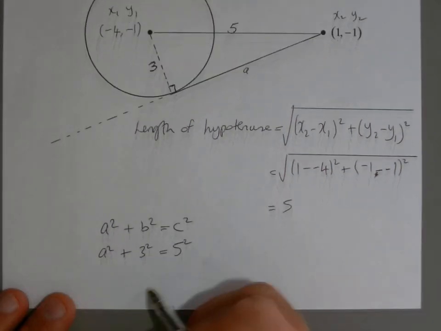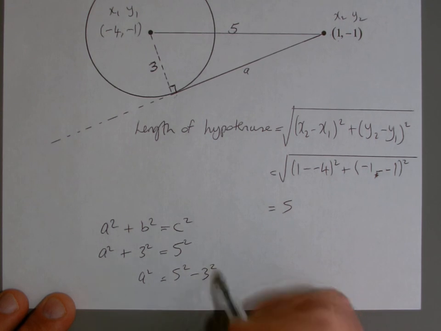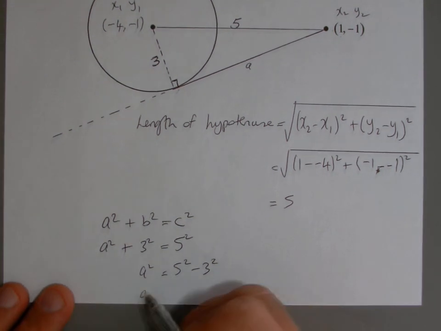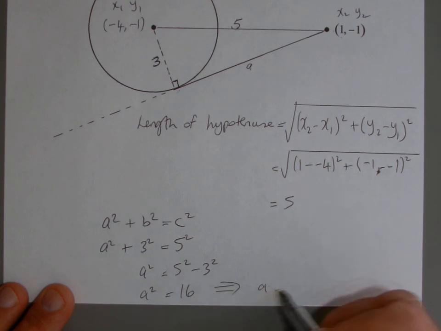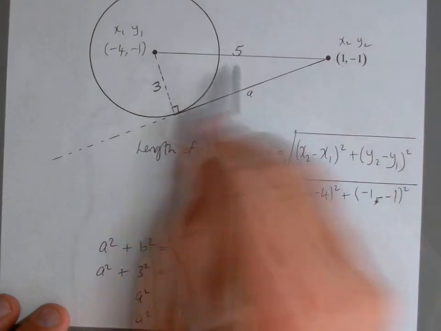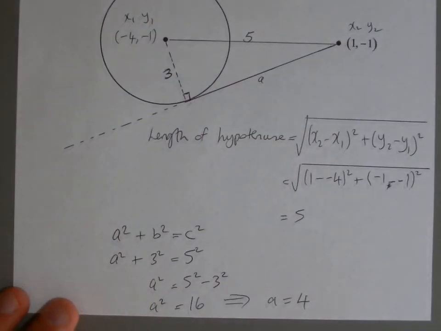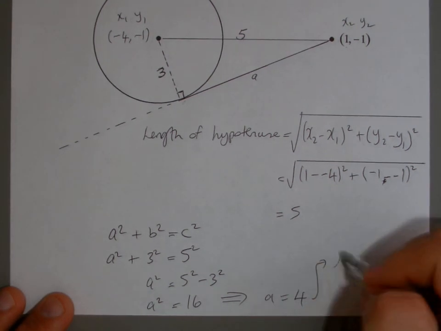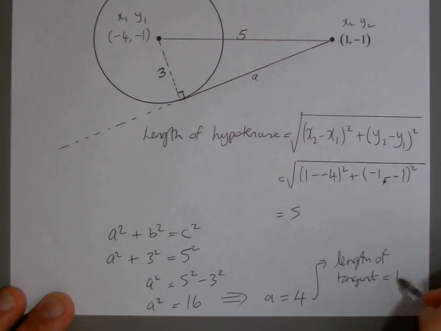If you take that 3 squared over the other side, you get 5 squared take away 3 squared. This then works out to be 16, which means that a turns out to be 4 when you square root it. You might have seen that before as well, because it's the 3, 4, 5 triangle. So quite nicely, we've got the length of the tangent to the circle is equal to 4.